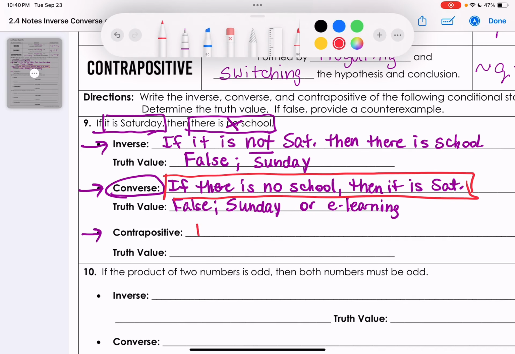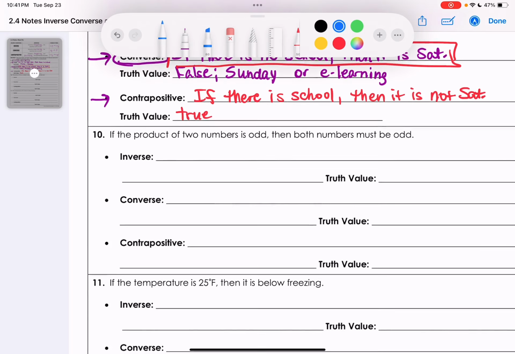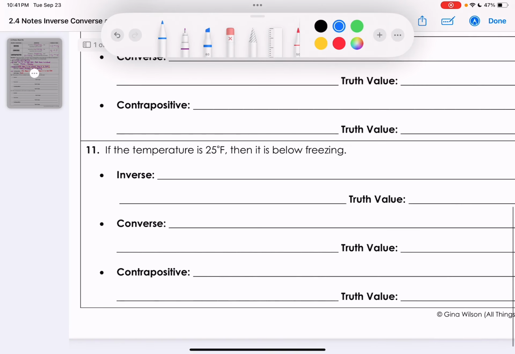So if there is school, the opposite of no school, then it is not Saturday. That is true, unless they ever instate something called Saturday school, which is usually for people who haven't done what they're supposed to do. Had it at a different school that I was at. So anyway, if there is school, then it is not Saturday. That part is true.